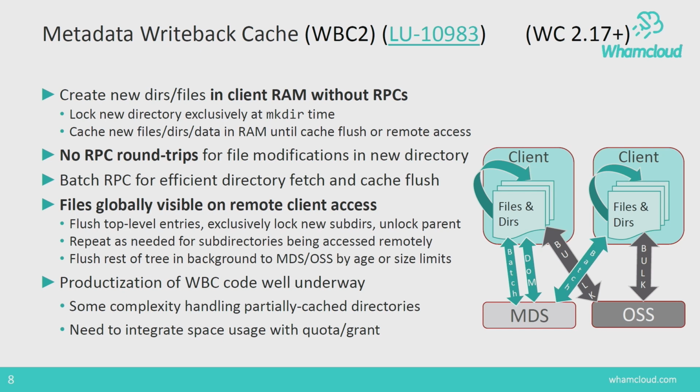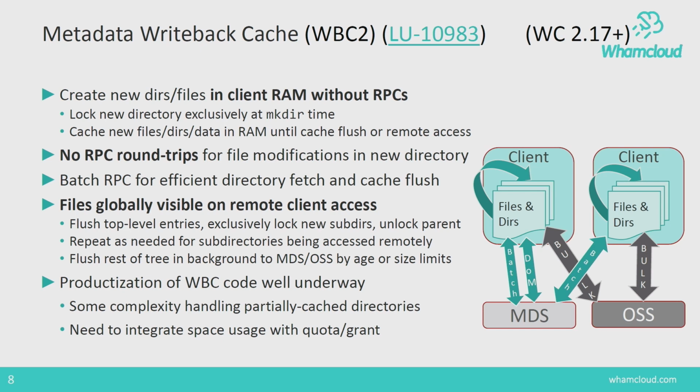And so this is good for workloads, let's say untar or something like that, where you create a lot of files on one client and then process it locally. And so that's useful for things like genomics and machine learning, where you untar a whole tree of files and then access a lot of the files quickly.